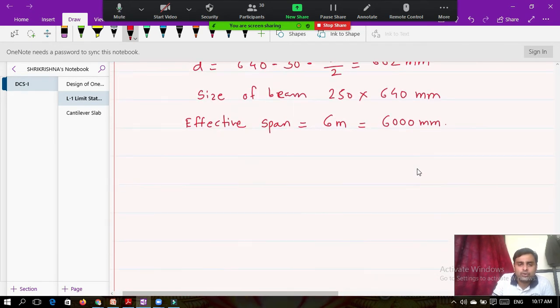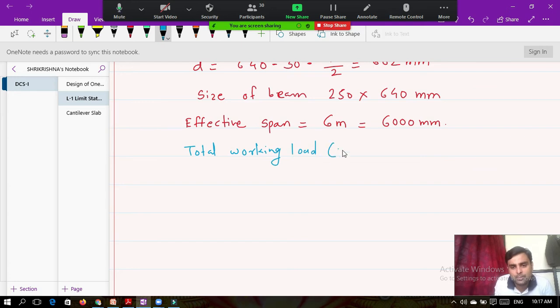So here I will write total working load. The total working load, W, is given to you: it is 12 kilonewton per meter.